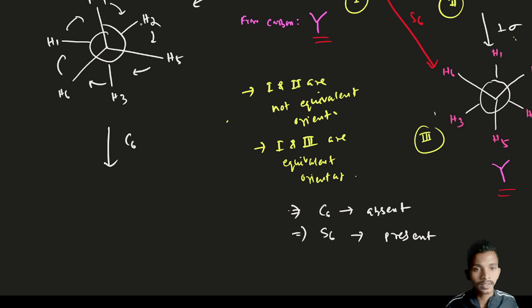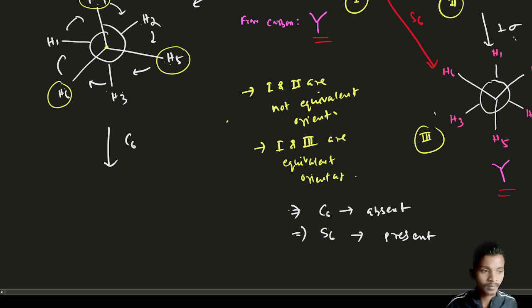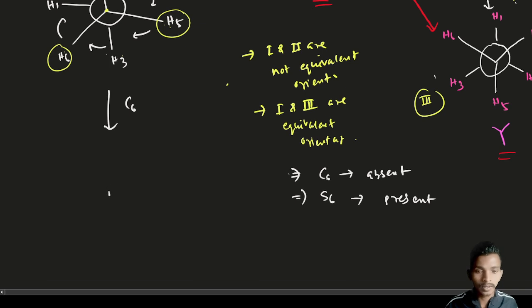If you go here, then H5 will go here. I'm looking at this one, which is the front one, because this represents the front point. So this front one will go here, this will come here, because of a 60 degree rotation. So this H5 will come here.